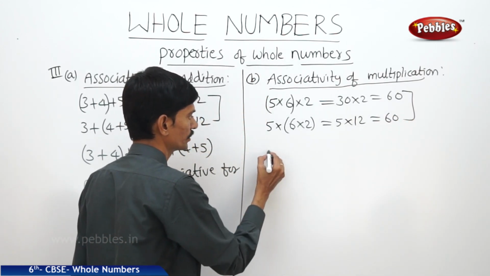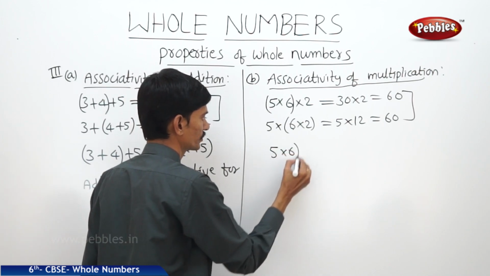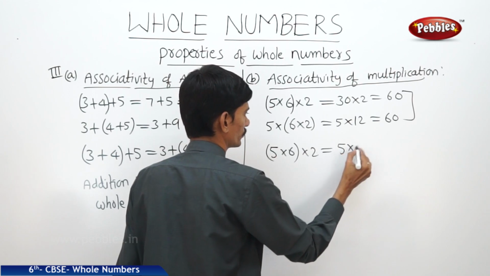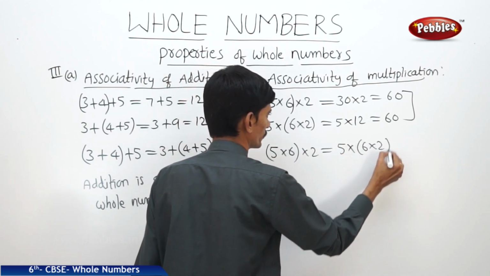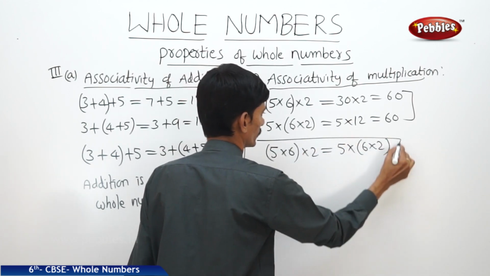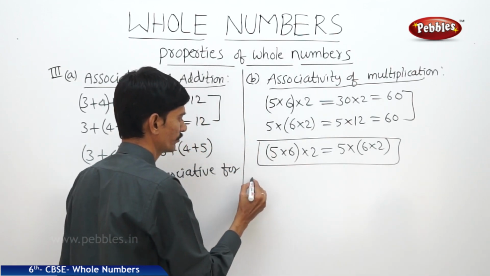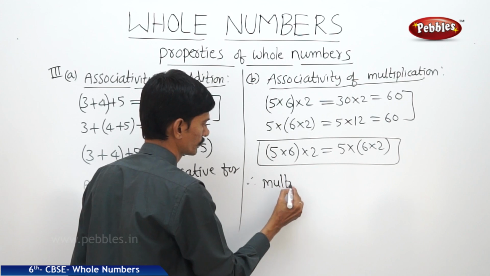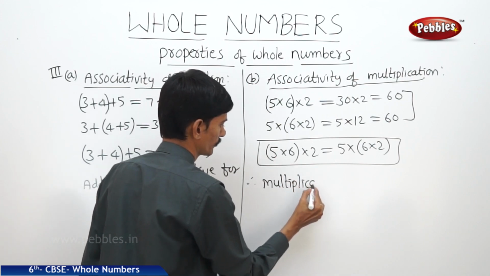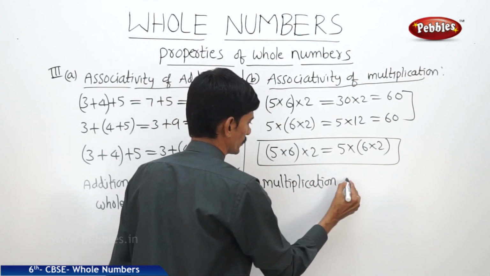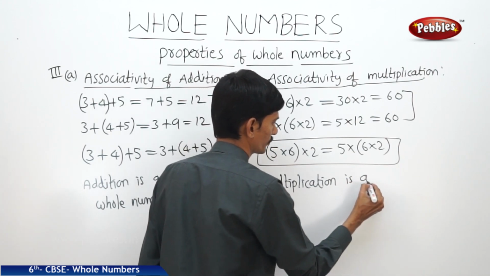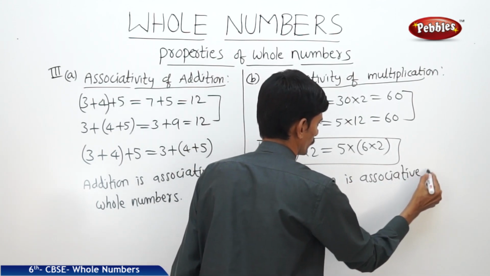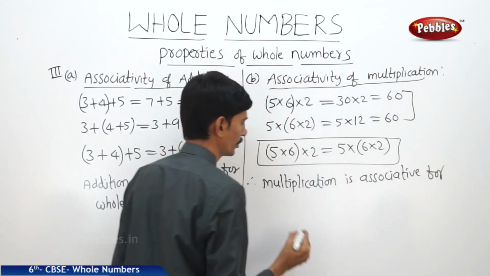So we can say that (5 into 6) into 2 equals 5 into (6 into 2). Therefore, multiplication is associative for whole numbers.